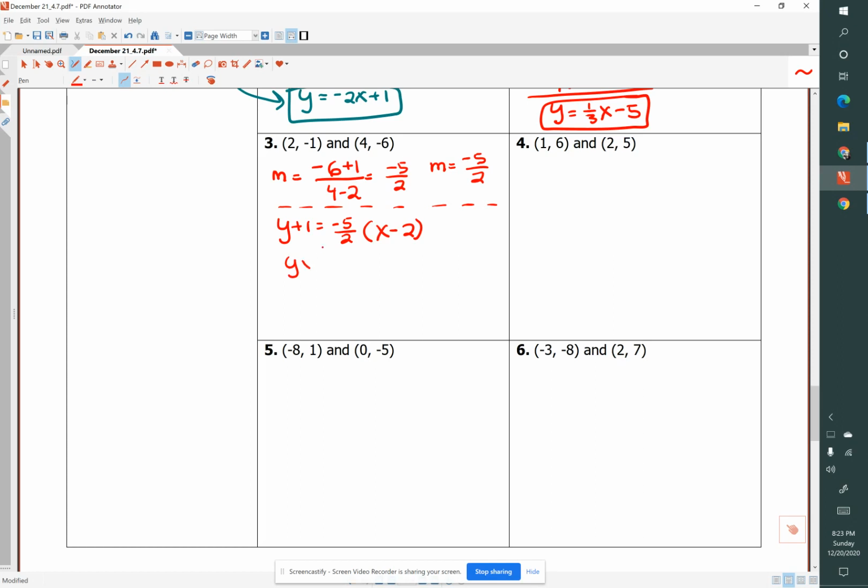Y plus 1 equals negative 5 over 2 x, and negative 5/2 of negative 2 is plus 5. So now we'll subtract 1 from both sides. Y equals negative 5 over 2 x plus 4.